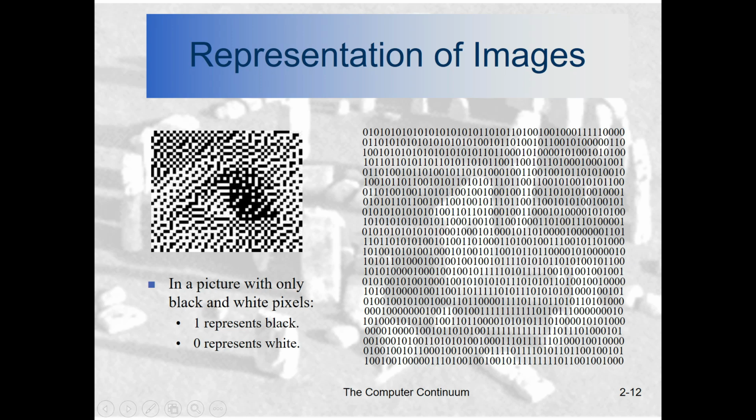Okay, that's a simple 2D image in a black and white 0, 1 representation. If you represent black as 1 and white as 0, then you can represent this kind of image in a binary format.